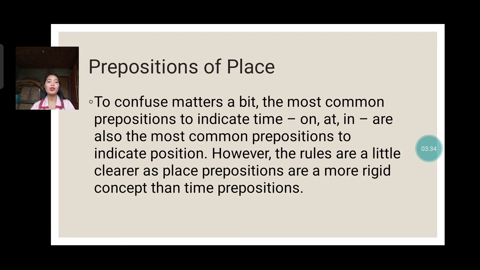However, the rules are a little clearer, as prepositions of place are a more rigid concept than the time prepositions. It is stated that the preposition of place is more clear, rigid, and easy to understand than the preposition of time.